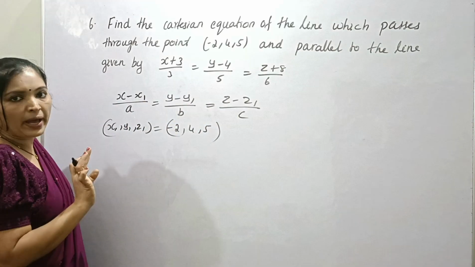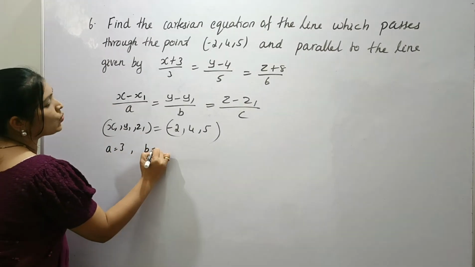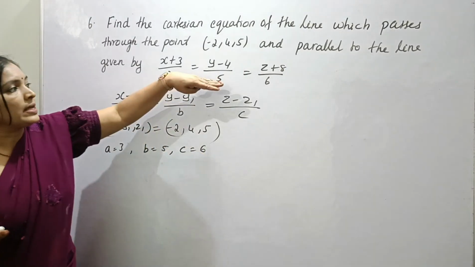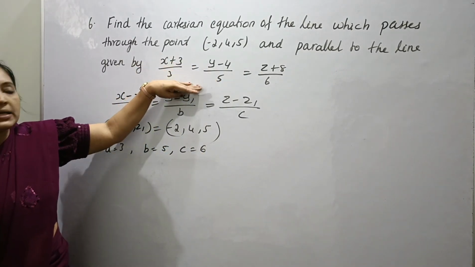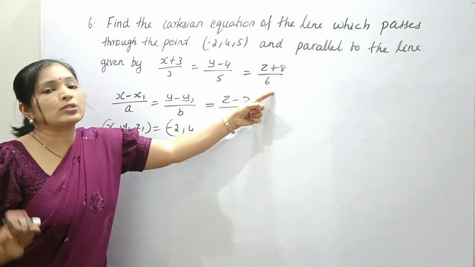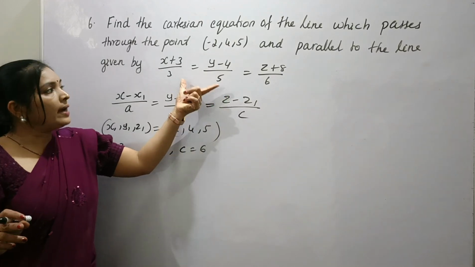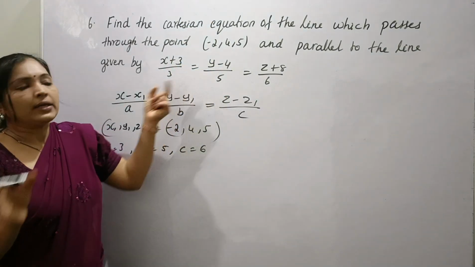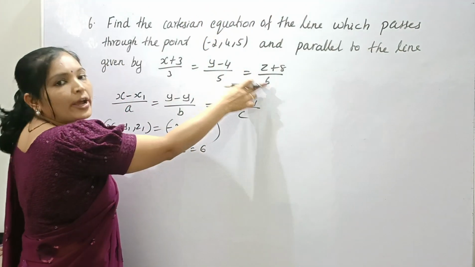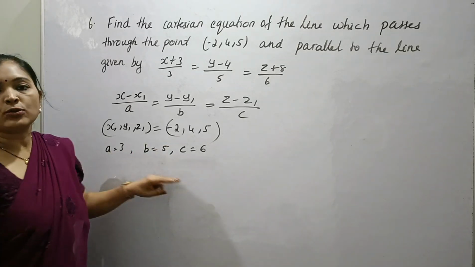Therefore, a = 3, b = 5 and c = 6. Because the given line is in Cartesian form, these 3, 5, 6 are its direction ratios, and since the two lines are parallel, the direction ratios of our line are also 3, 5, 6.